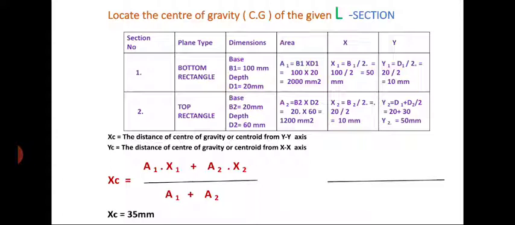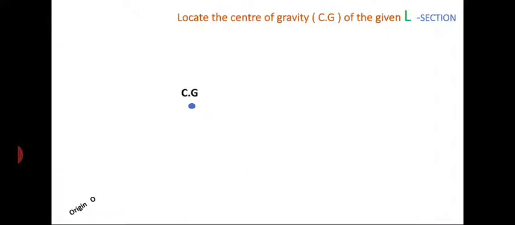The general expression for centroid is xc equal to a1 x1 plus a2 x2 by a1 plus a2. Therefore, the answer is xc equal to 35 mm. Similarly, yc equal to a1 y1 plus a2 y2 by a1 plus a2. Answer is yc equal to 25 mm. Now, here I am showing the location of the center of gravity.